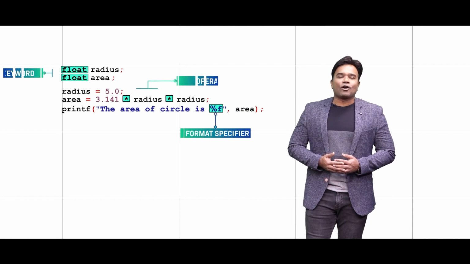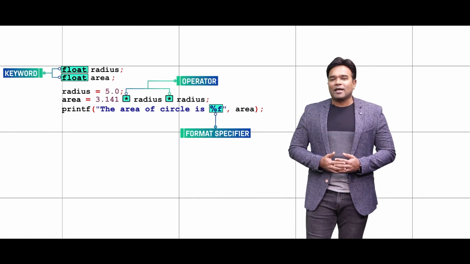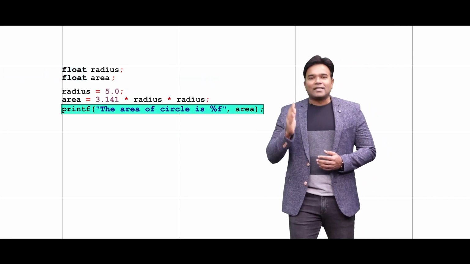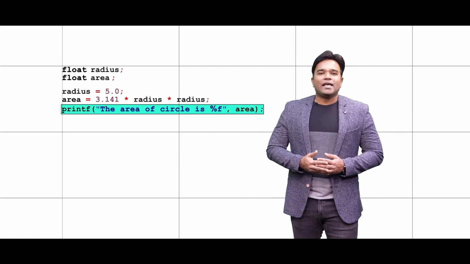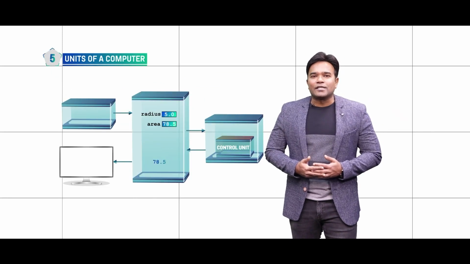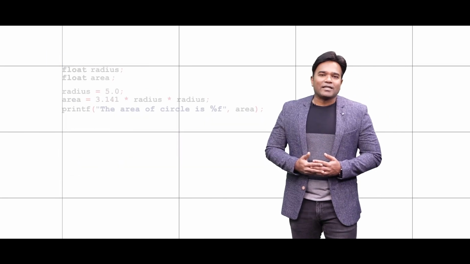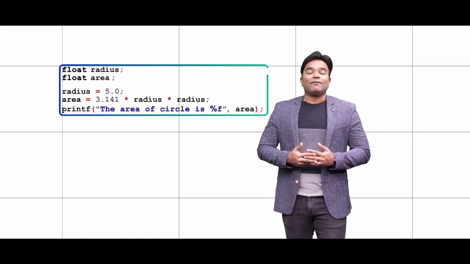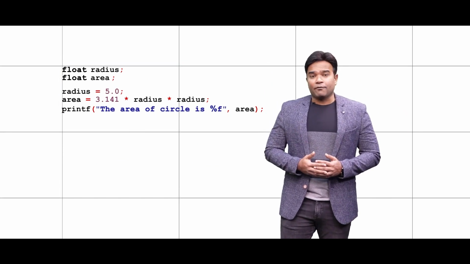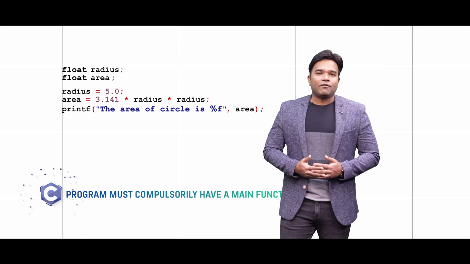In fact, there are a lot of things that I will have to clarify to you, but at this point in time, what I can tell you is that this printf statement is going to ensure that the area of the circle gets displayed on the monitor. But then all of this, we need to enclose within a function called the main function.